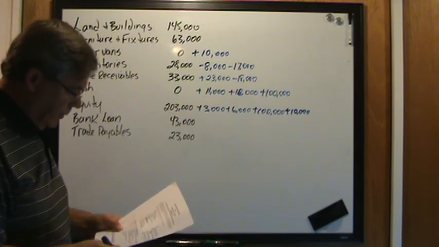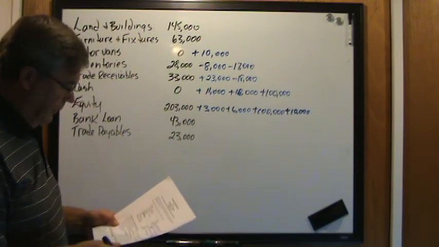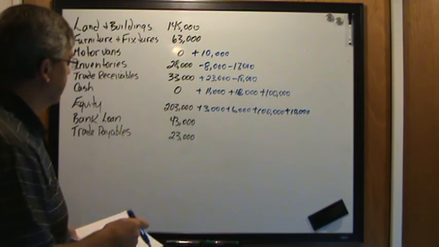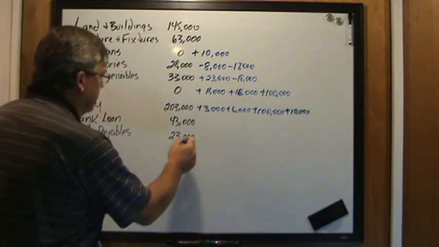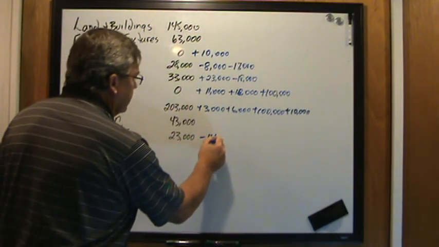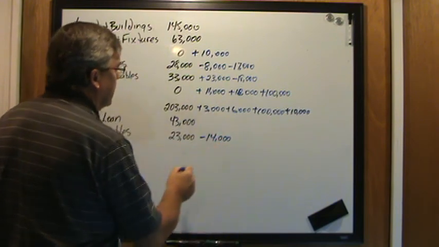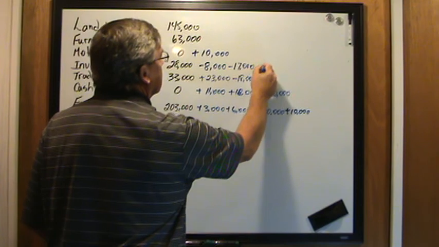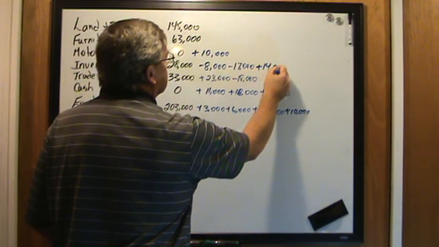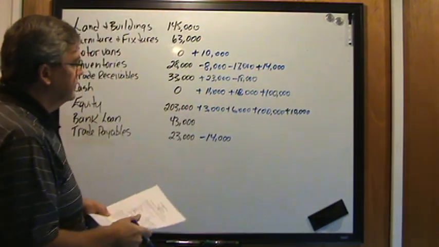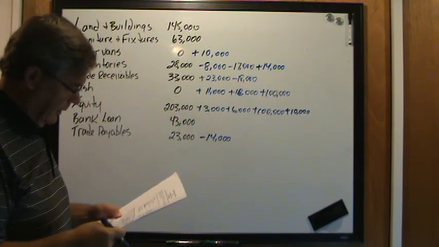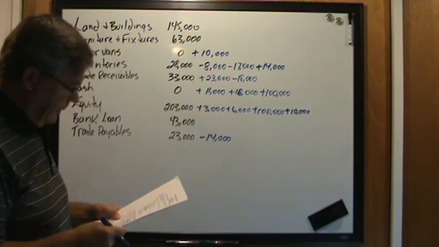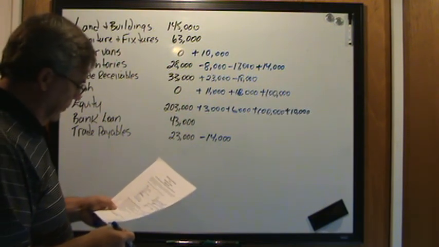We bought more inventory on credit for 14,000. So this is credit, which affects trade payables, 14,000. And 14,000 increase in inventories. And finally, we paid trade payables of 13,000.